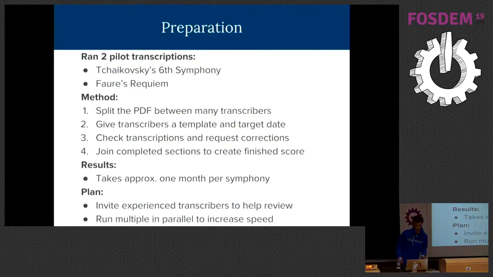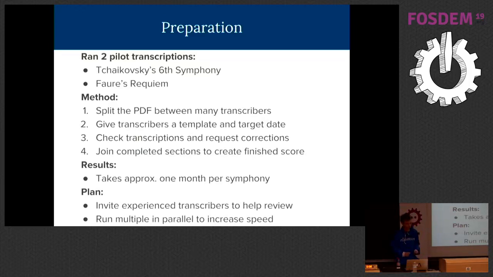So in preparation, we announced the project at FOSDEM 2017, and at that point we had run one pilot transcription, of Tchaikovsky's Sixth Symphony, and then shortly afterwards we did another to transcribe Fauré's Requiem.